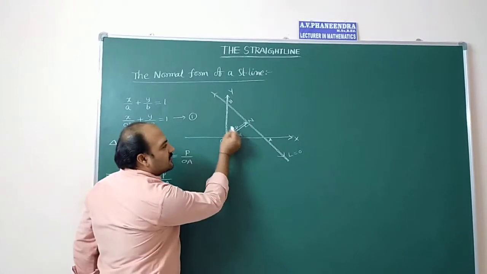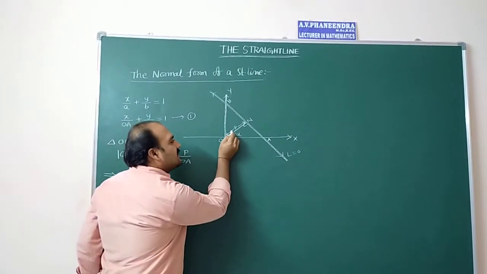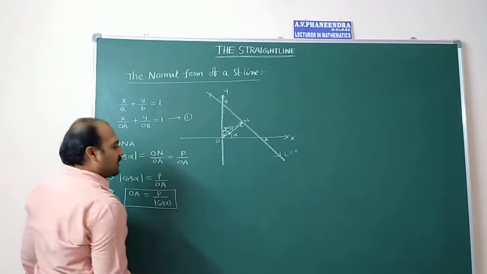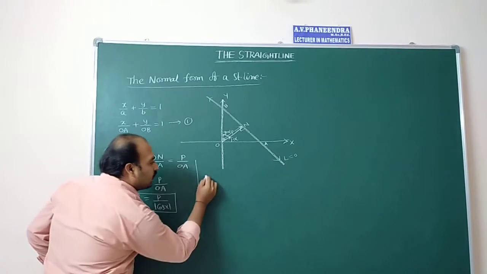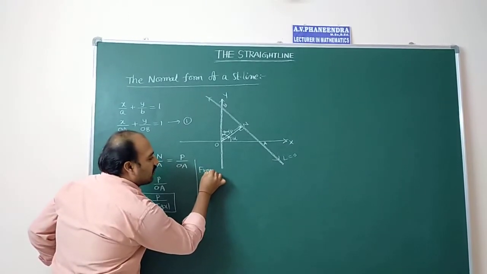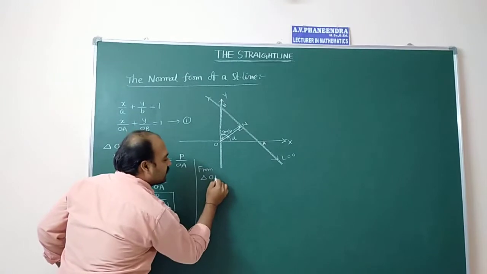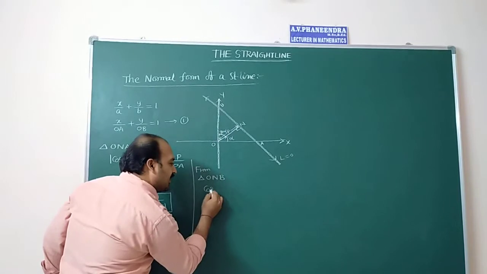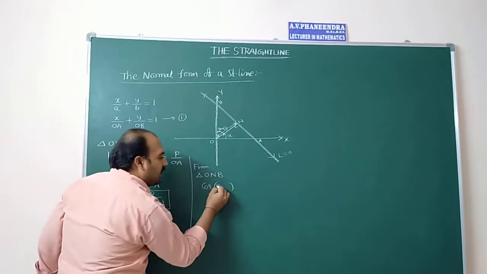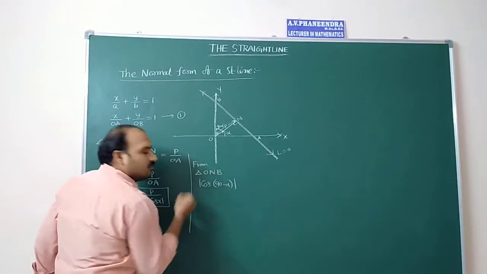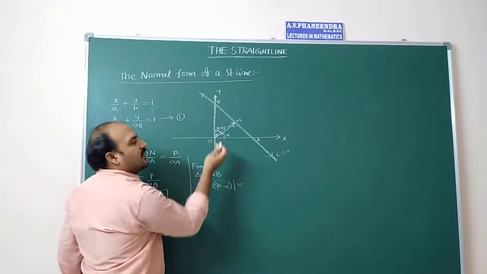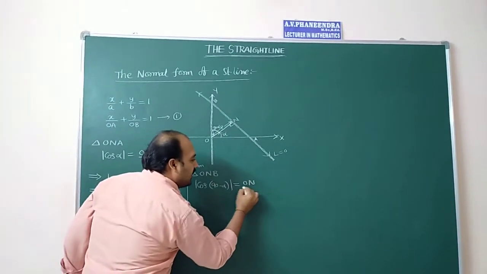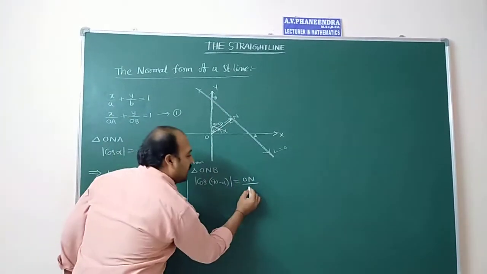After that, this line makes an angle alpha with the x-axis. We know that the angle between the x-axis and y-axis is 90, so obviously this angle is 90 minus alpha. From triangle ONB, again calculate cos theta, but theta here is 90 minus alpha, which is adjacent side by hypotenuse, that means ON divided by OB.